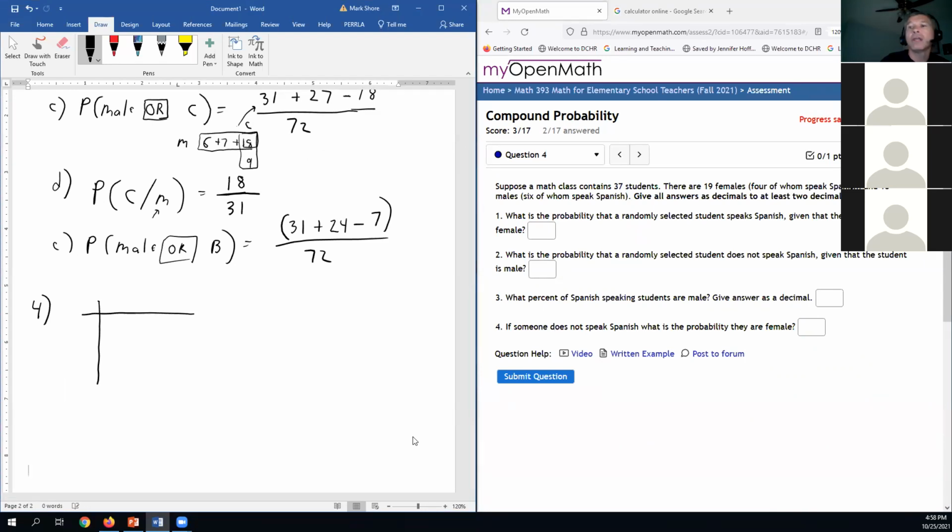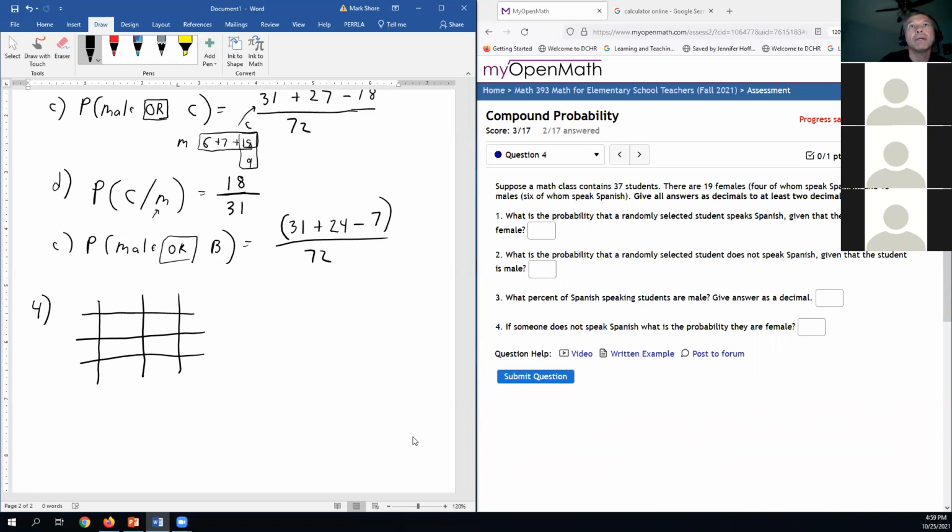You basically have 2 variables going on, whether the student is male or female, and also whether they speak Spanish or not. So let's keep track of this stuff. We'll read it through first. I'm just trying to make up a little table here for us. This one says, suppose a math class contains 37 students.